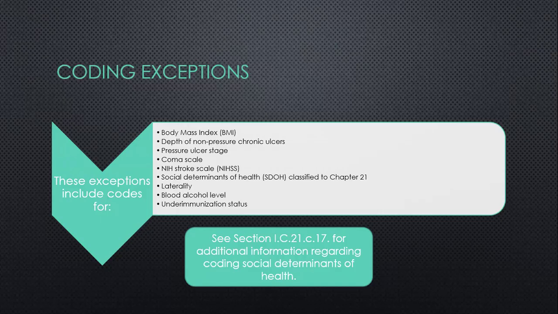But the exceptions to the rule are that other clinical staff can document the body mass index, non-pressure chronic ulcers, pressure ulcer stage, coma scale, the NIH stroke scale or the NIHSS, social determinants of health classified in Chapter 21, laterality, blood alcohol level, and immunization status. Okay.